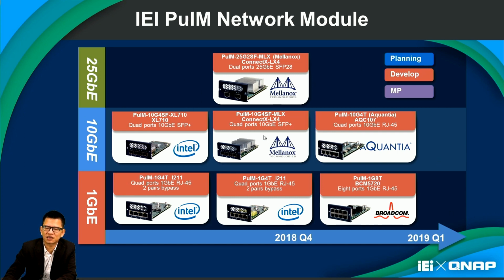You can see Mellanox here with 25G and 10G network modules. Aquantia is a network module where we can support 4 RJ45 10G Ethernet ports. This is a very special design. And Intel, of course, we also design Intel network module cards. For the 1G, we have Intel and Broadcom solutions.